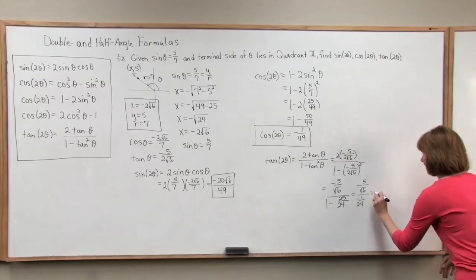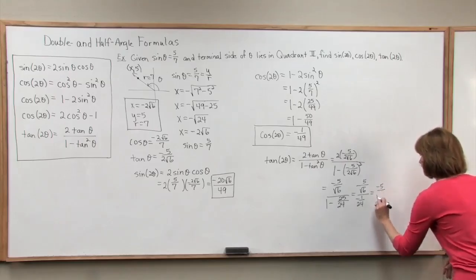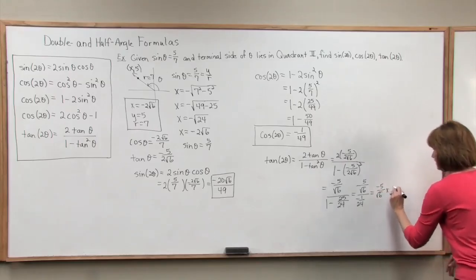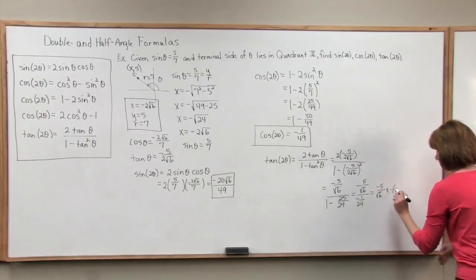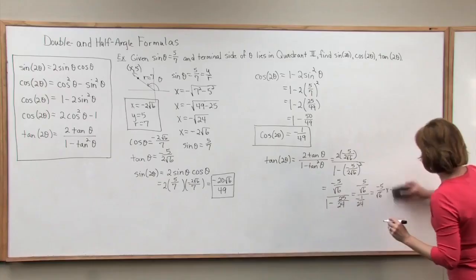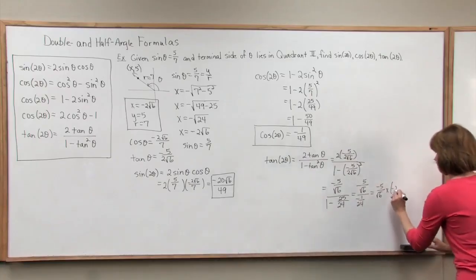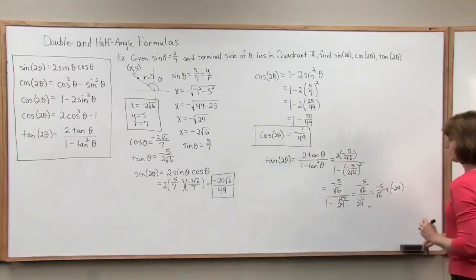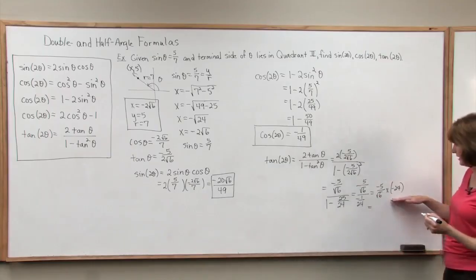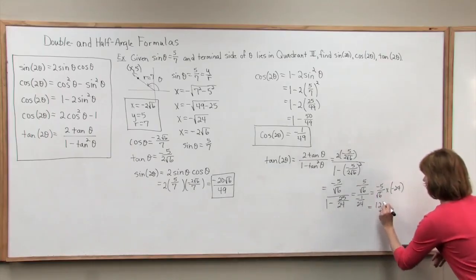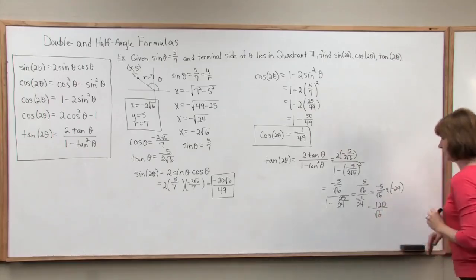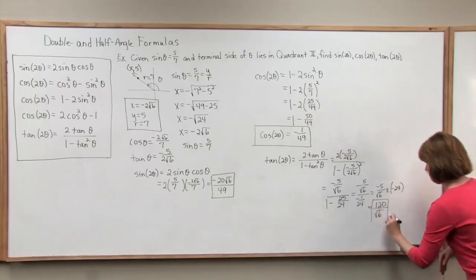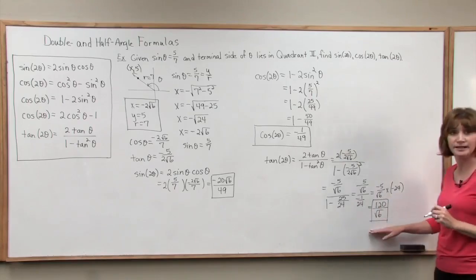We're asked to simplify that. Remember, that's the same thing as negative 5 over the square root of 6 times the reciprocal. Oops, positive. Times negative 24, which gives me a positive number. I have a negative times a negative. And it's 120 over the square root of 6. So that's my value for tangent 2 theta.